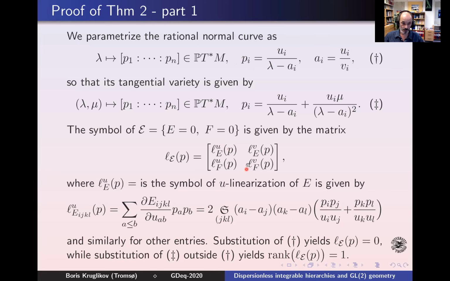Which means the rank is 0. Well, if I take the non-singular part, where mu is non-zero, the non-singular part of the tangent variety to the rational normal curve, and substitute here, I get that the two columns will be proportional. That means rank 1. Okay, but they will not be 0 if mu is non-zero.